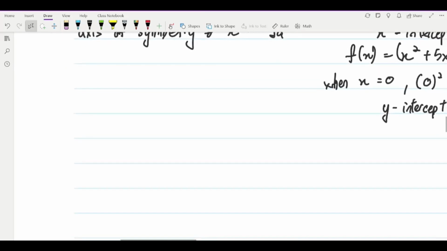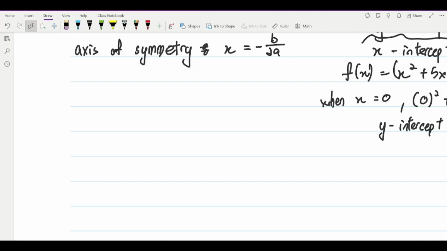What is the meaning of the axis of symmetry? For example, like this curve, the axis of symmetry will be like the center of the graph, like here.